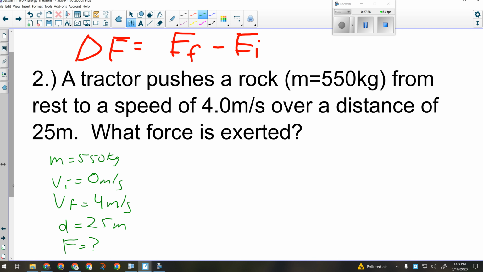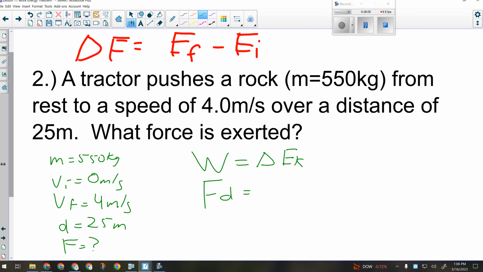Okay, so then I can do this. All right, see if you can take it from there. Do I have a formula that calculates work? What two things do I multiply together to get work? Force and distance, okay.